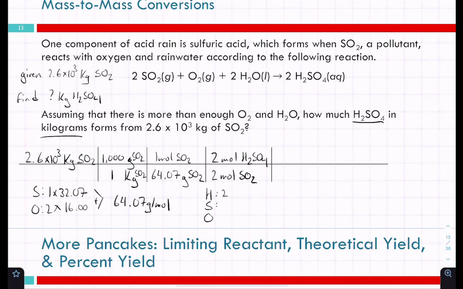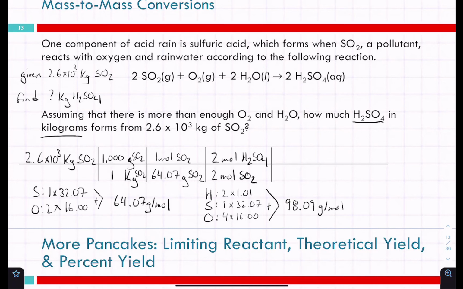There's 2 hydrogens, 1 sulfur, and 4 oxygens: 1.01, 32.07, 16.00. So we're going to do 2 times 1.01 plus 32.07 plus 4 times 16. It's going to be 98.09 grams per mole.